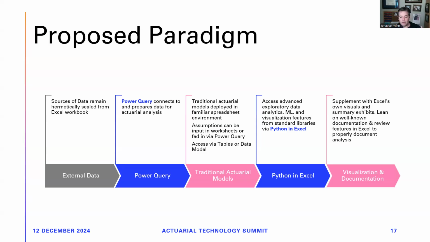If you have a need for advanced analytics, you can access Python in Excel. There's a lot of standard libraries that you can use now that Python is in Excel, to get machine learning and advanced models, using them off the shelf rather than having to develop them in-house.